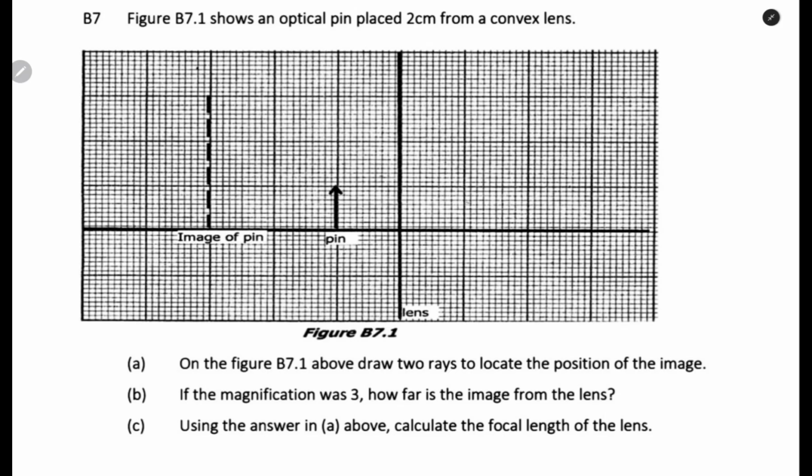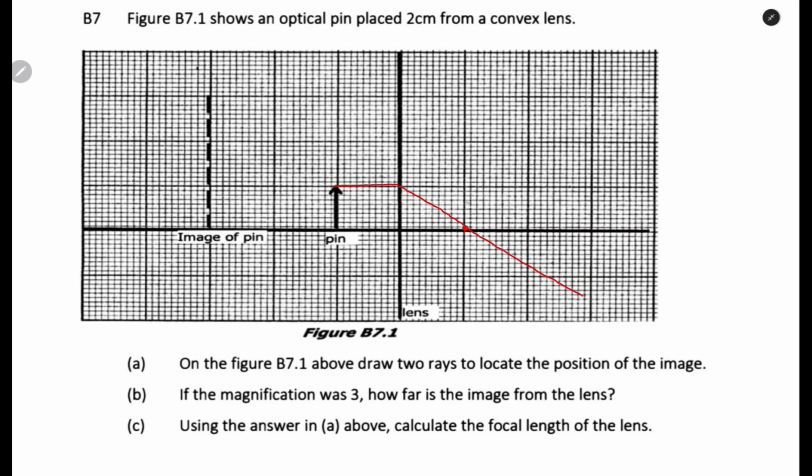Now, you know the rules of how to locate the image of the object. One, you need to know that the ray of light parallel to the principal axis, which is this one, passes through F1. So it is going to pass through this point. So you put it parallel, then of course it passes through that point.